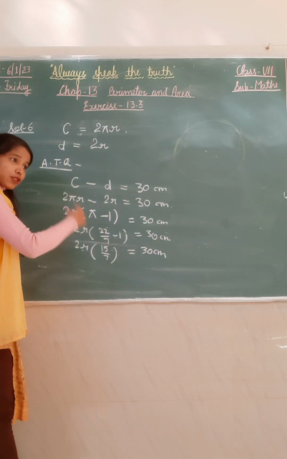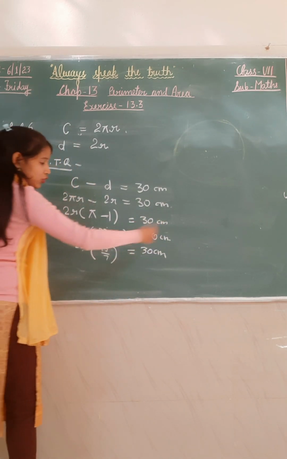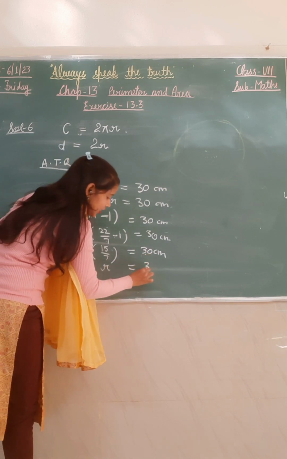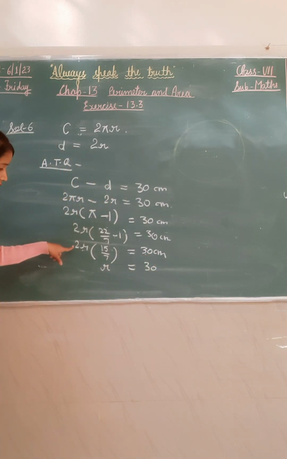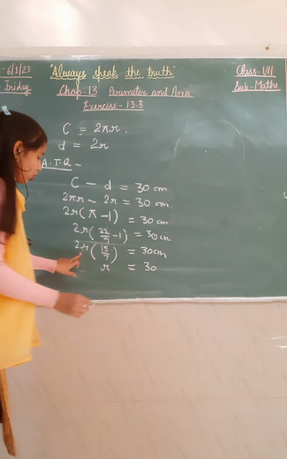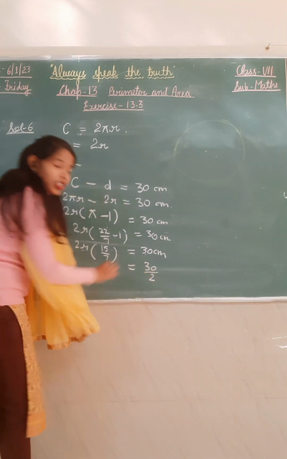Now we will transpose all the numbers to the right hand side. Only r is left here. So here is 30. This 2 is in multiplication, right class? So when we transpose it, it will become division, so 30 divided by 2.